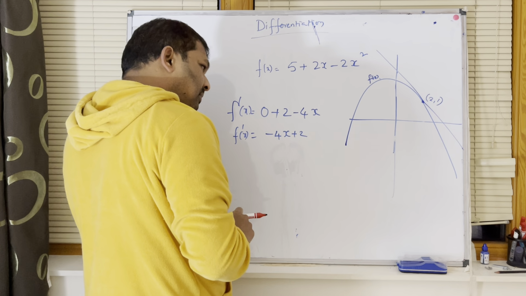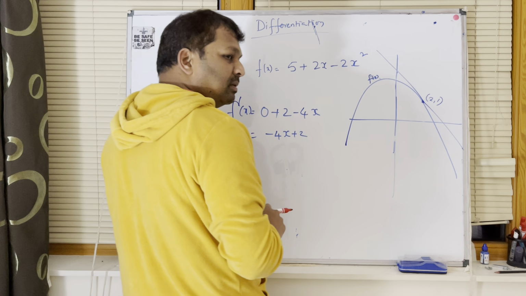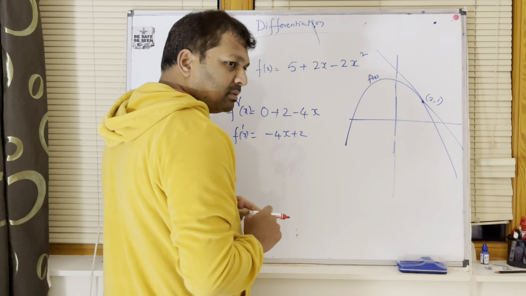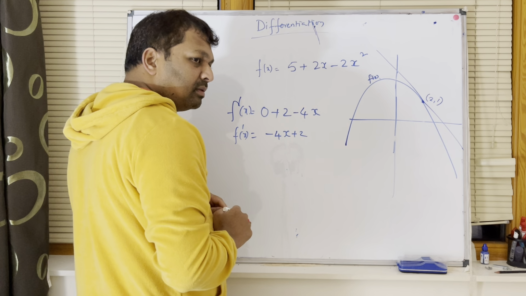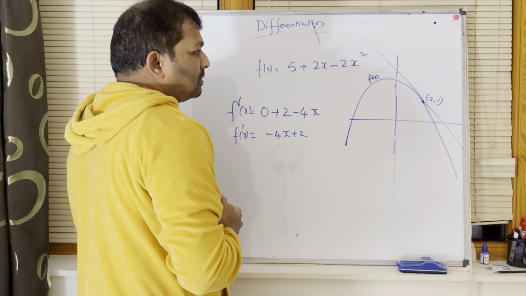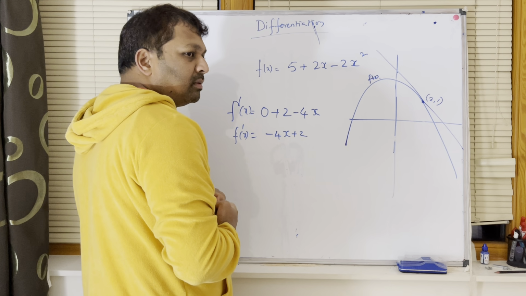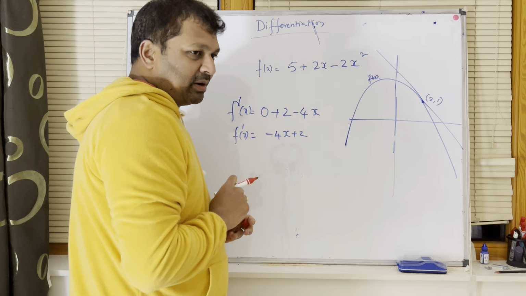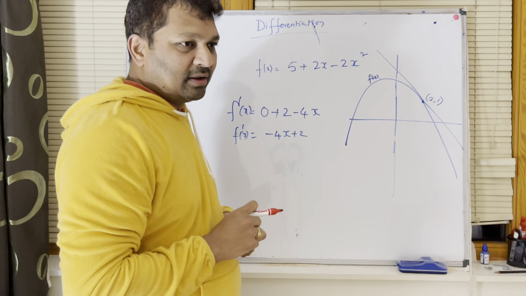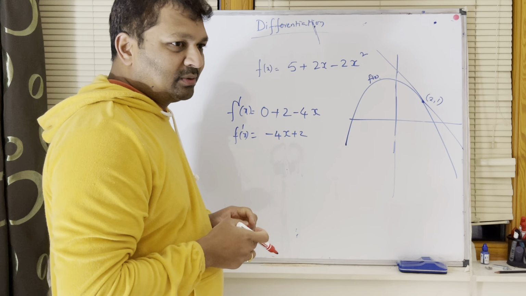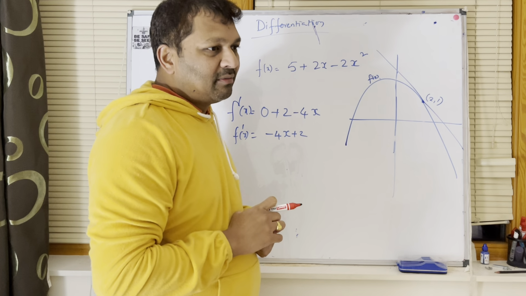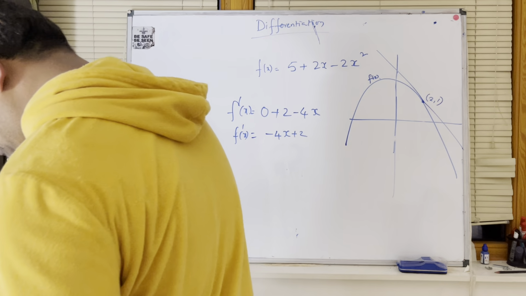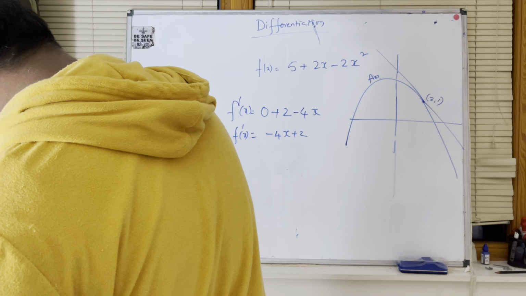What about the 1? This is a point. Every point will have an x coordinate and a y coordinate. x is 2 and y is 1. So we substitute 2, but in which equation? We need to find the slope of the tangent.